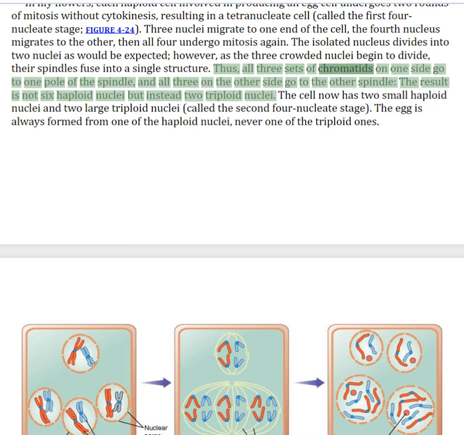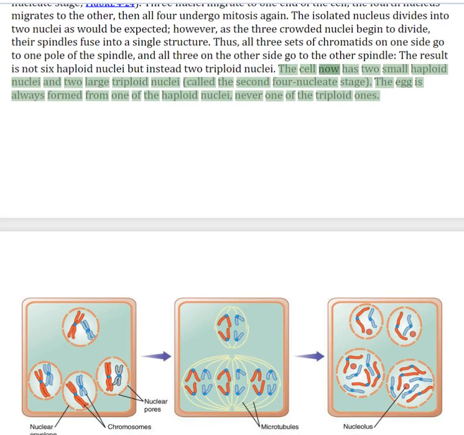Thus, all three sets of chromatids on one side go to one pole of the spindle, and all three on the other side go to the other pole. The result is not six haploid nuclei but instead two triploid nuclei. The cell now has two small haploid nuclei and two large triploid nuclei. The egg is always formed from one of the haploid nuclei, never one of the triploid ones.